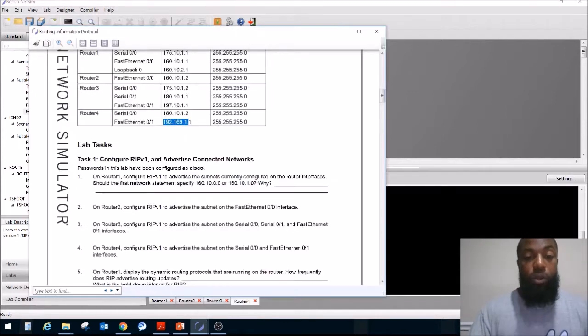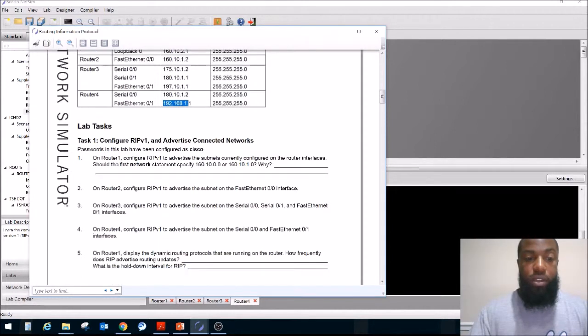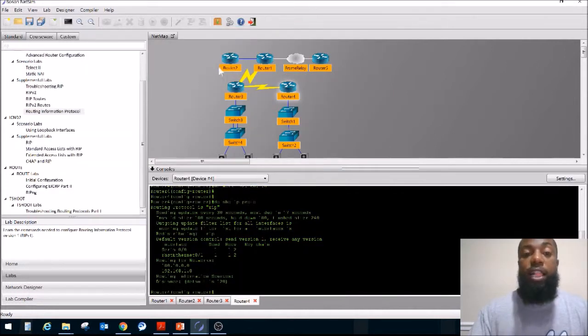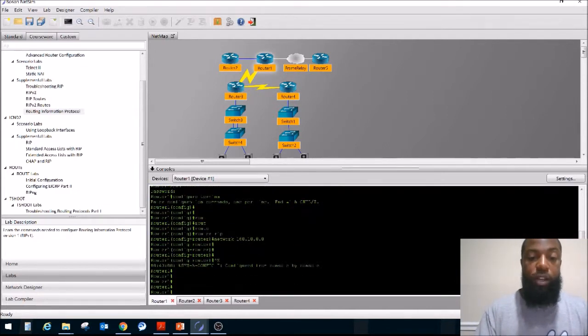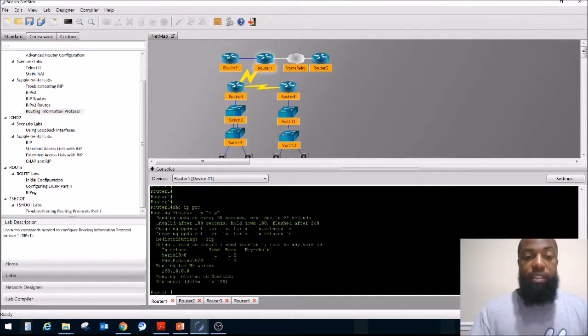All right, so the next thing we've got to do here: on router 1, display the dynamic routing protocols that are running on the router. How frequently does RIP advertise routing updates? We did that in the other one. So let's go to router 1 and show what is being run on here. When you show IP protocols, how many seconds? Right there, it says it. I said it in the last video too. Sending updates every 30 seconds.